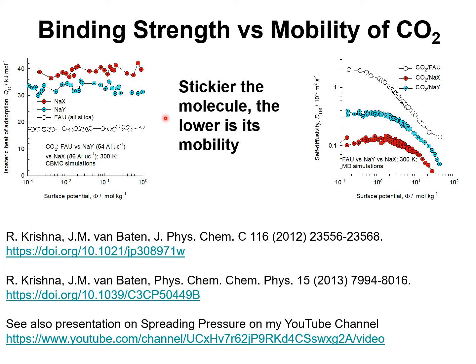In this slide, I would like to demonstrate the anti-synergy between the adsorption strength and the mobility of a gas molecule. And as an example, let's take carbon dioxide. The binding strength or the binding energy is reflected in the isosteric heat of adsorption, and the mobility can be quantified by the self-diffusivity of CO2.